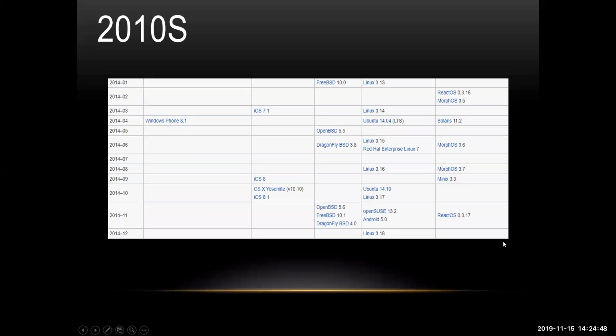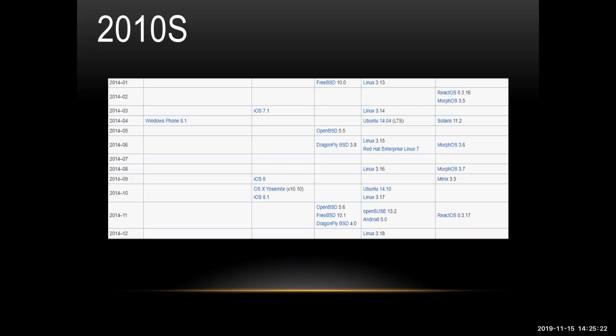And then for 2014, again, we had FreeBSD 10.0 and then Linux 3.13. Then February, we had the ReactOS 0.3.16 and then MorphOS 3.5. And then March, we had the iOS 7.1, followed by Linux 3.14. And then April, we had the Windows Phone 8.1, followed by Ubuntu 14.04, and then Solaris 11.2.